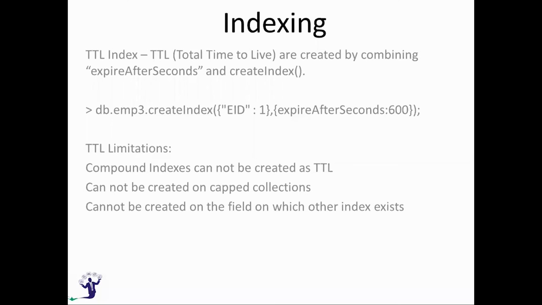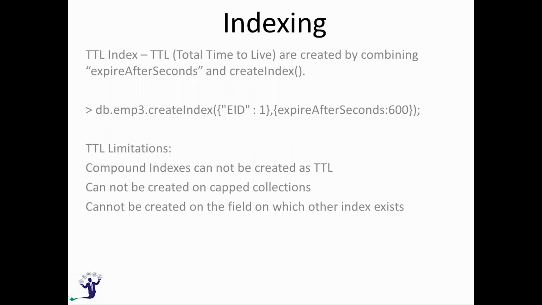Yes. Now, a few limitations on the TTL index: a compound index cannot be created as a TTL. You can only create a single-field index as a TTL index. It cannot be created on a capped collection. Yesterday, if you remember, we created a capped collection where we have a restriction on the documents which can be stored.